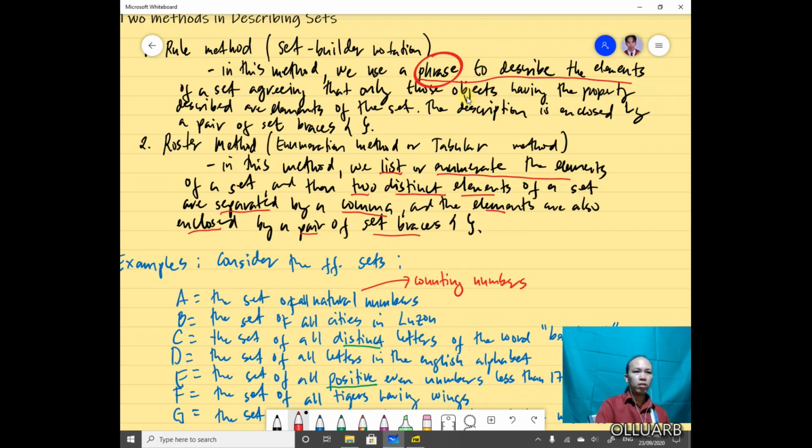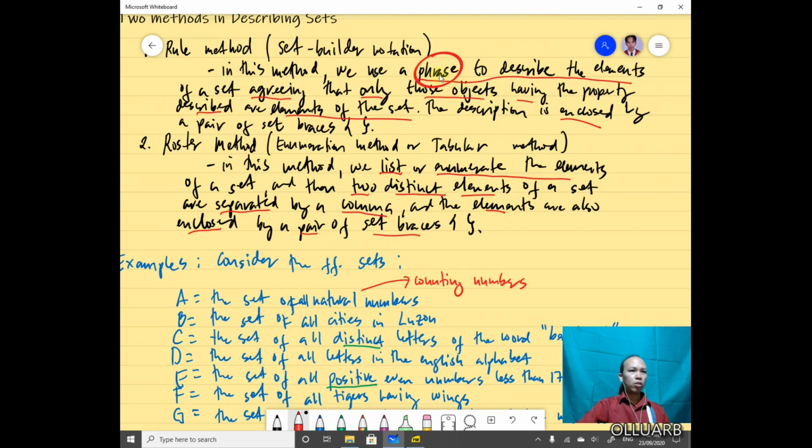Those objects having the property described are elements of the set. The description is enclosed the same as in the roster method.